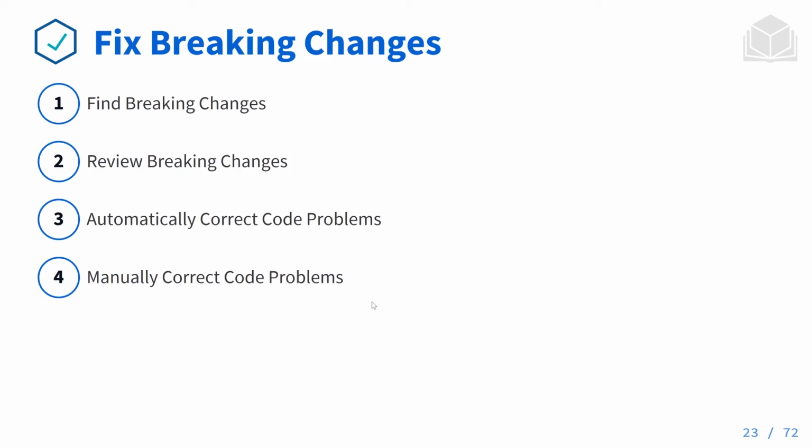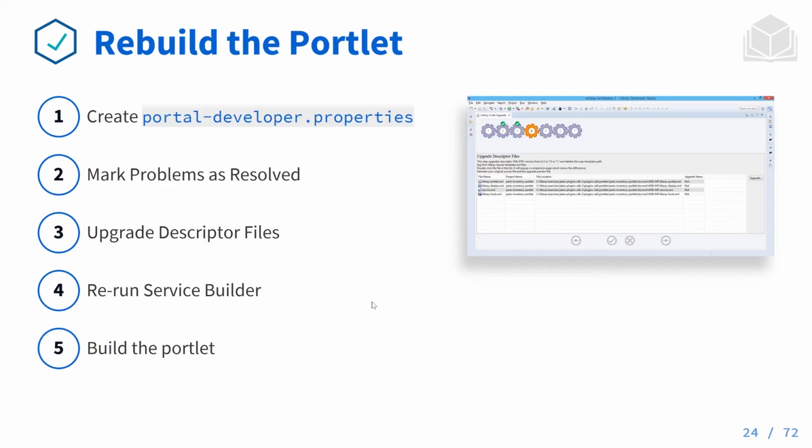So it'll automatically fix some of them. We might have some others that we'll need to fix on our own by hand. Once we do that, we'll then need to configure some of the properties that have been shifted around between Liferay versions. So what we'll do is create a file called portal-developer.properties, right?